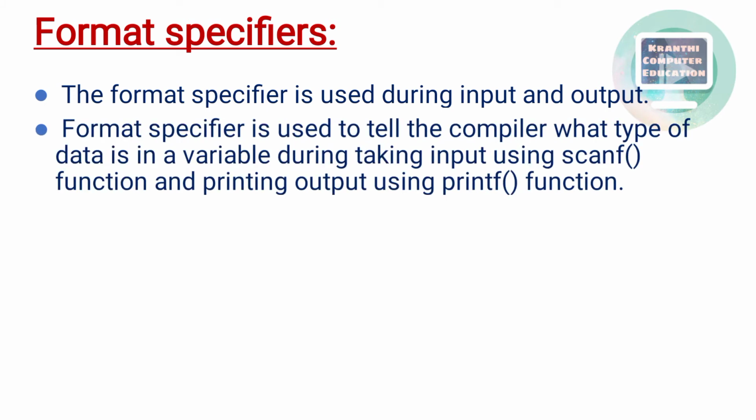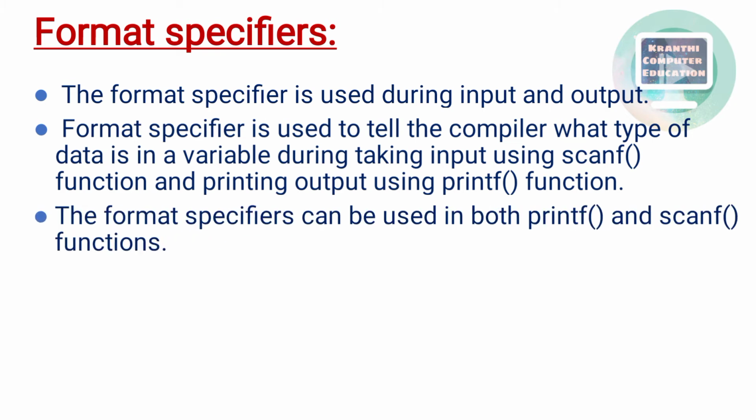A format specifier is used to tell the compiler what type of data is in a variable, during taking input using the scanf function and printing the output using the printf function. That is the use of format specifiers.